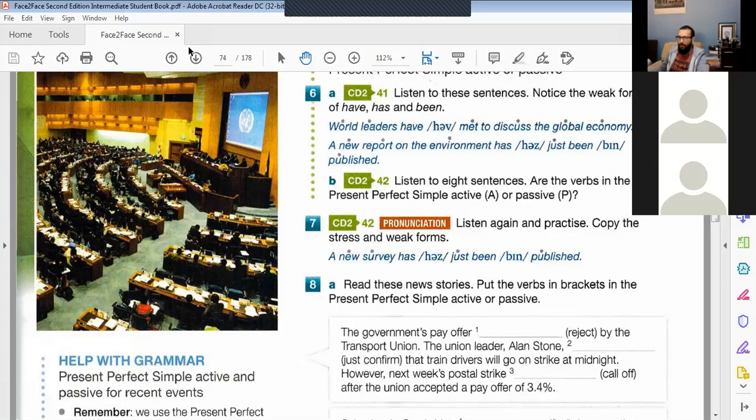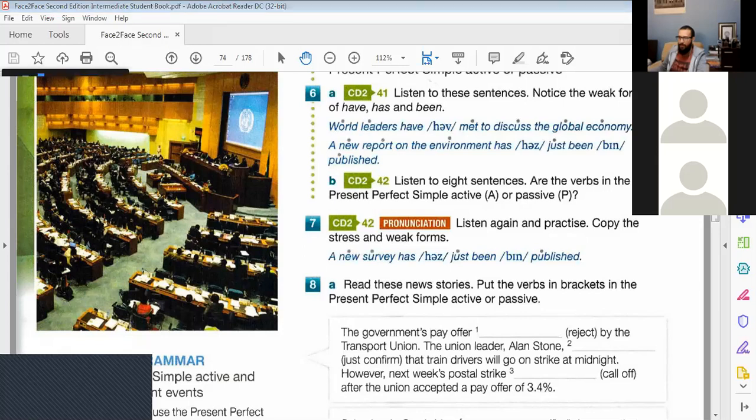1. A new survey has just been published. Is this active or passive? Passive. Right. Passive. 2. The government has just published a new survey. Active. Yes.